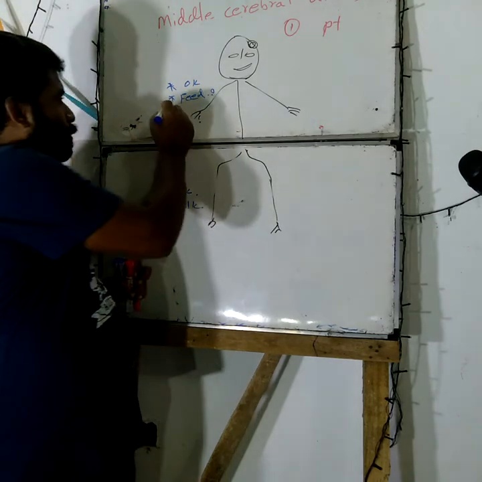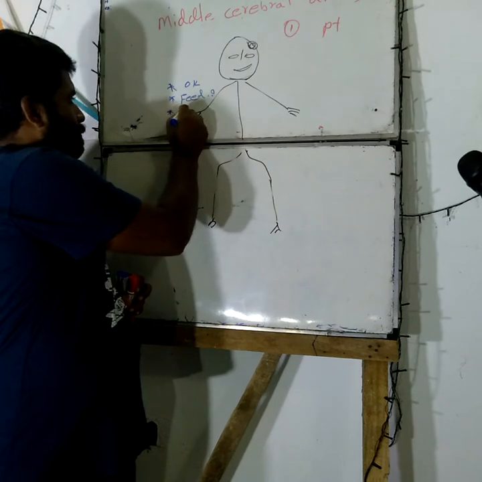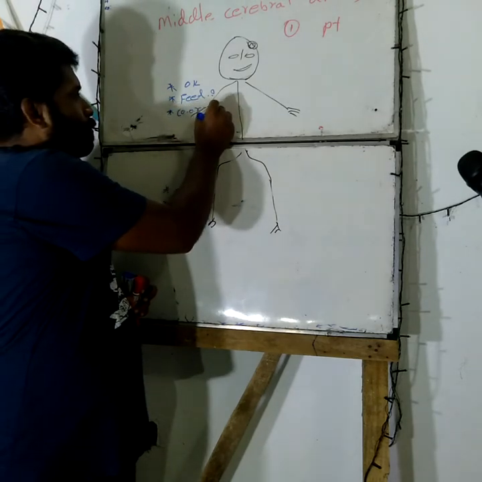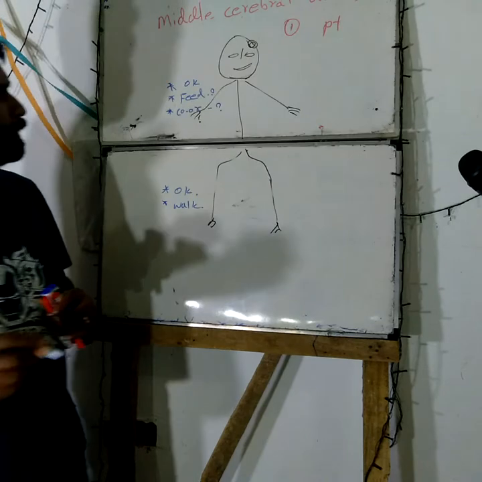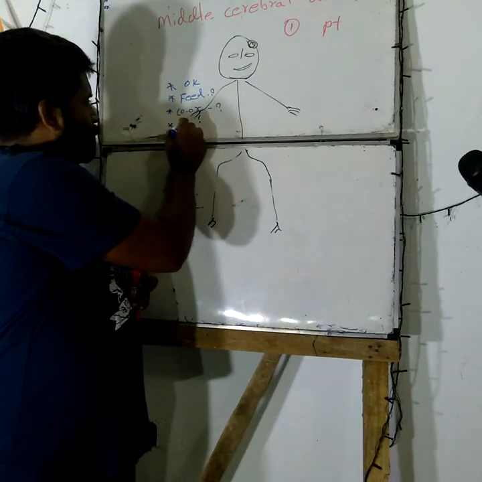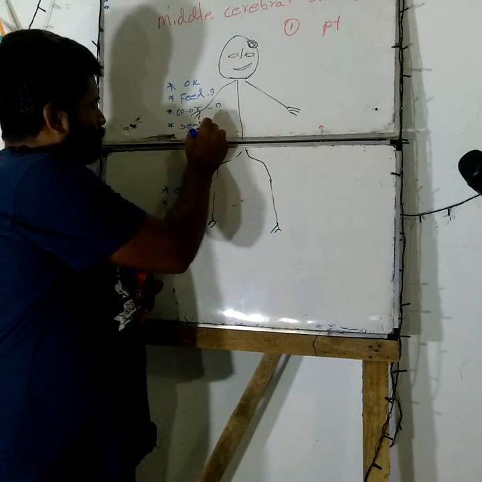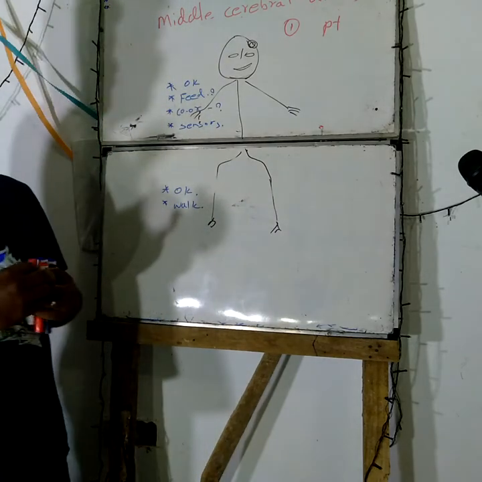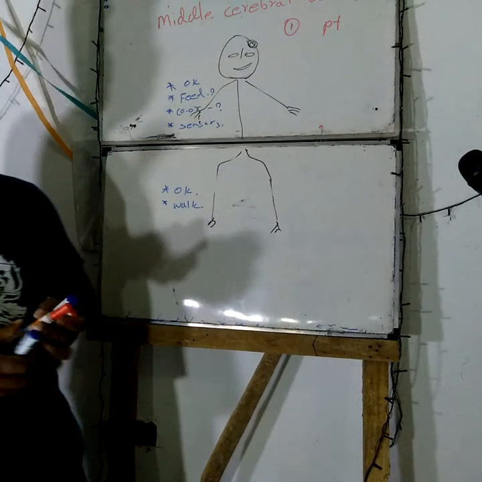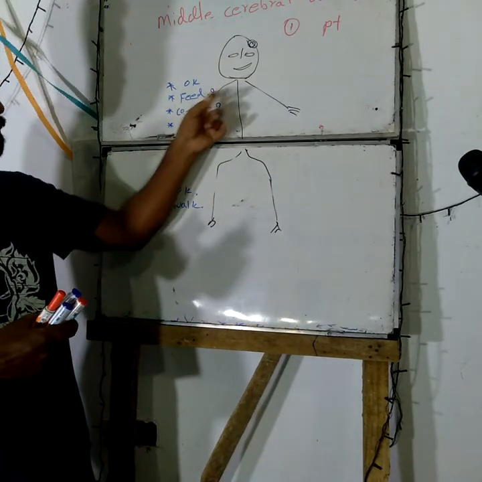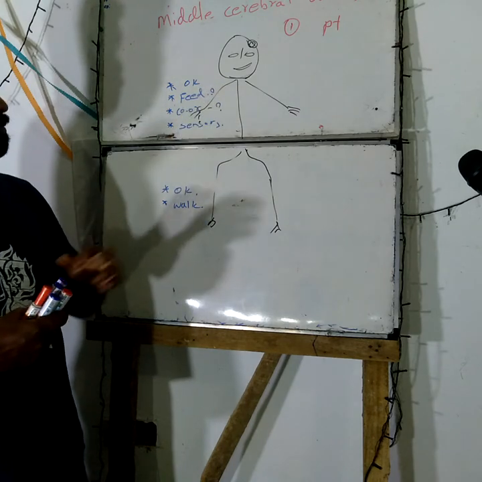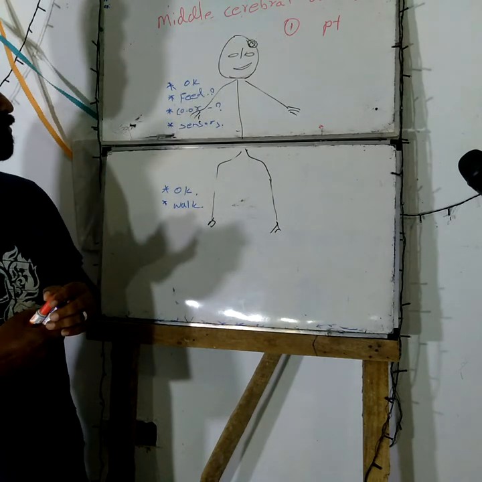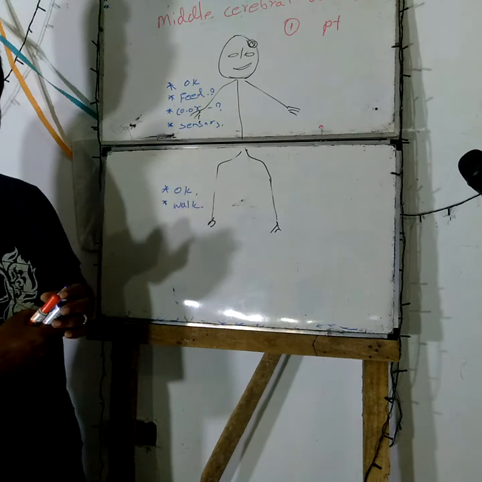Coordination movement is also affected. Some form of sensory numbness or more pain, severe pain of the arm, face and leg.